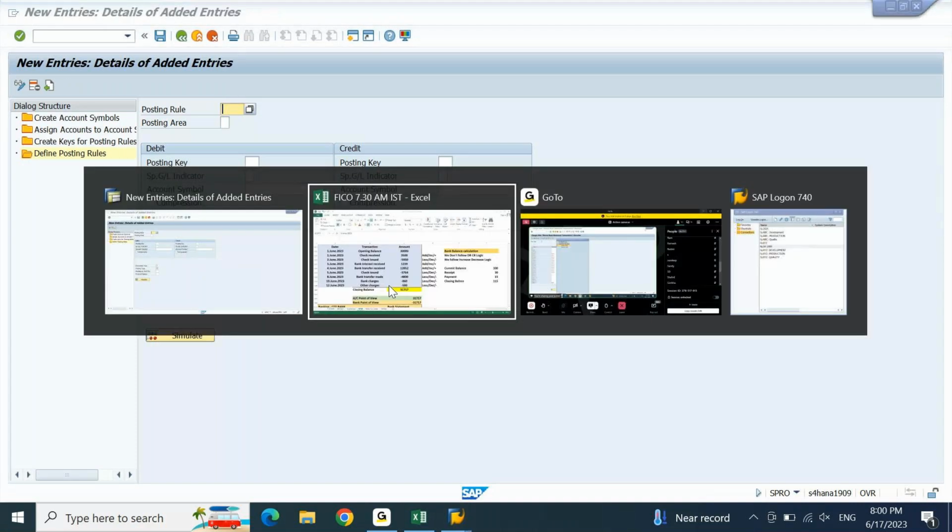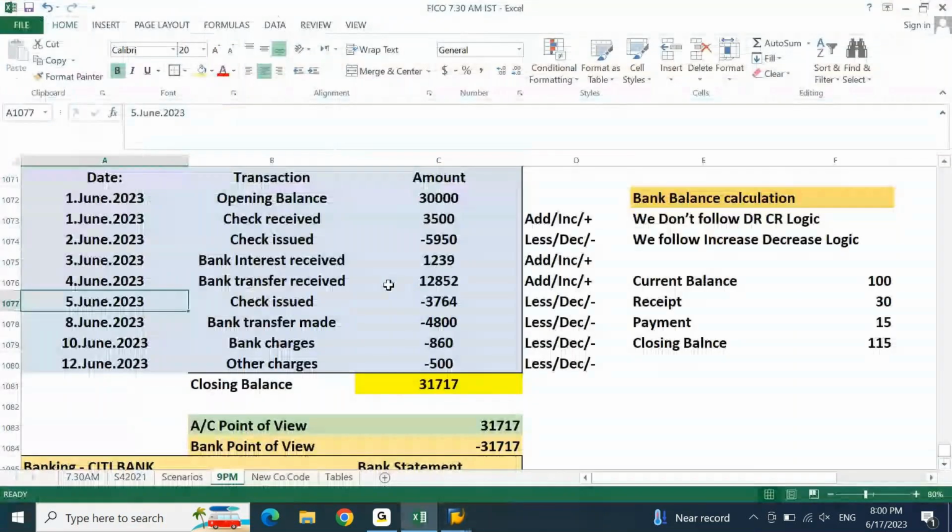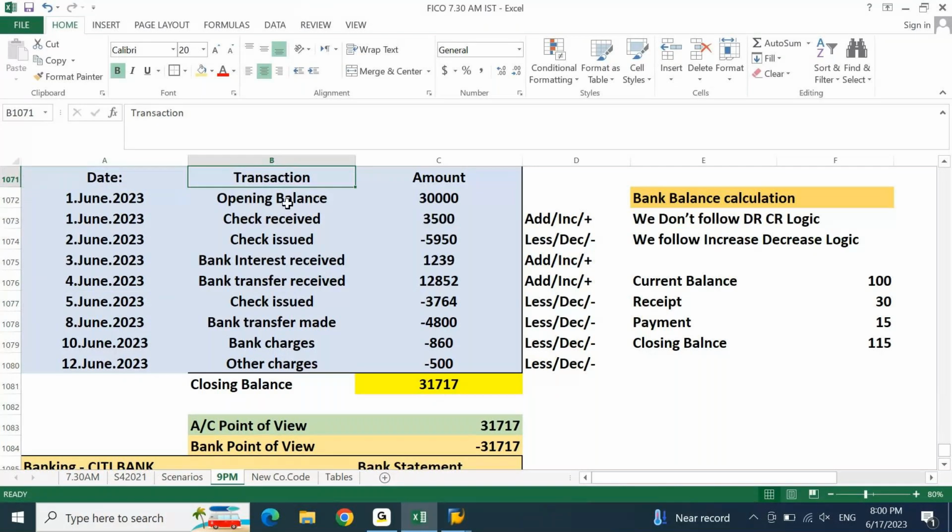Now, this is about your transactions, and this is a sample bank statement, whatever you have written. Similarly, what I want you to do is take any one bank, any opening balance of your choice, and write some 10 or 20 transactions of your choice.